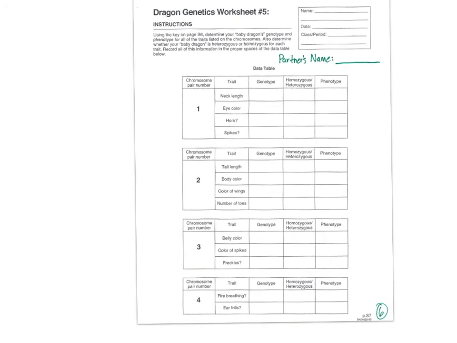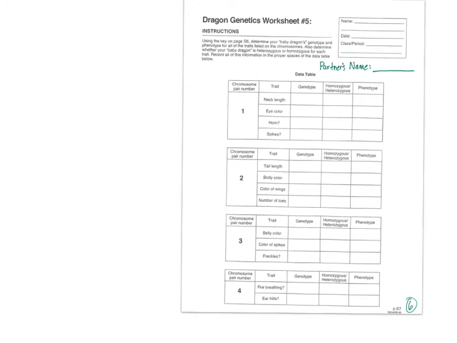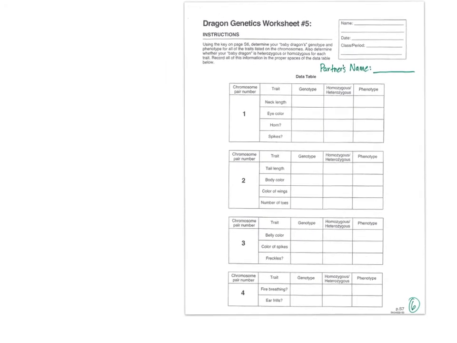So you have two dragons, right? You have your dragon, and then you have your partner's dragon. And your partner has come up with the chromosomes.